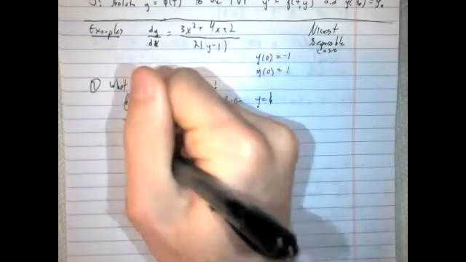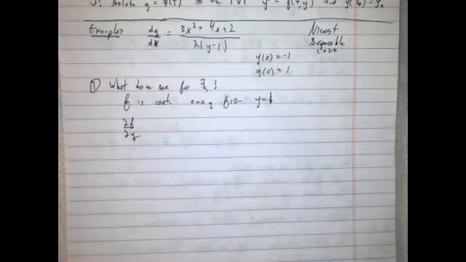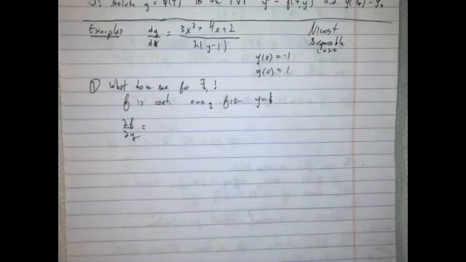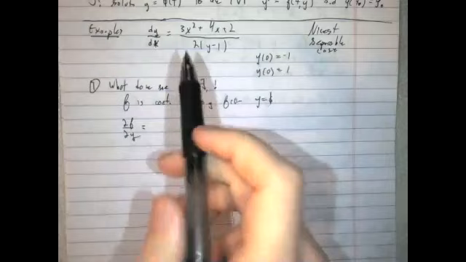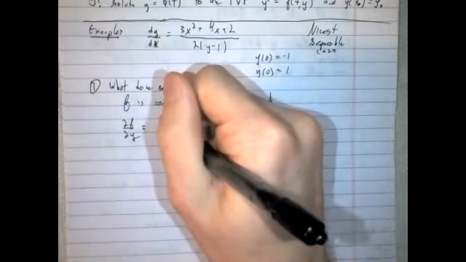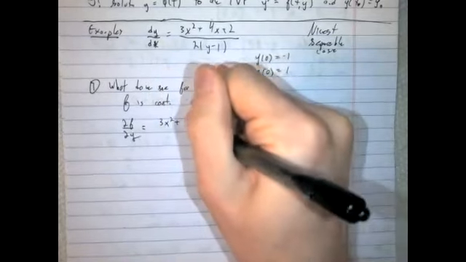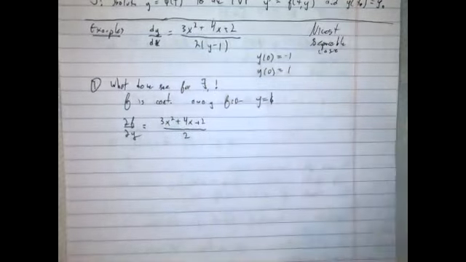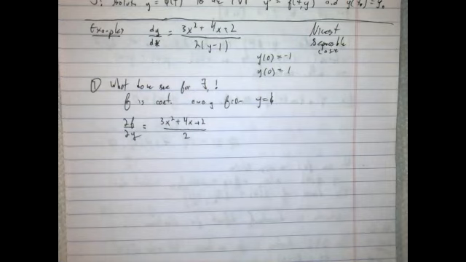What's the derivative of this function with respect to y? The partial derivative? Well, all the stuff involving x just looks like a constant, right? So it's really like (3x^2 + 4x + 2) over 2 times the derivative of 1 over y - 1. So what's the derivative with respect to y of 1 over y - 1?